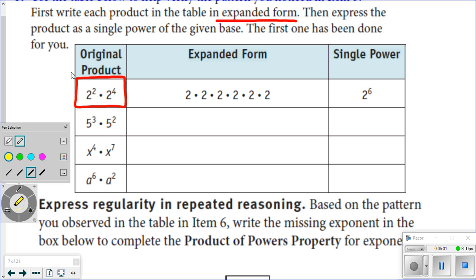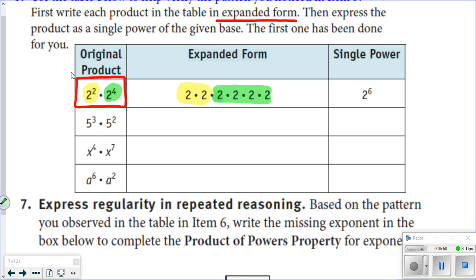So 2 squared is 2 times itself twice, 2 times 2. 2 to the 4th power is 2 multiplied by itself 4 times. So 2 times 2 times 2 times 2.